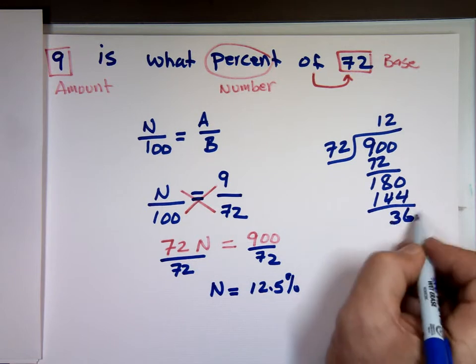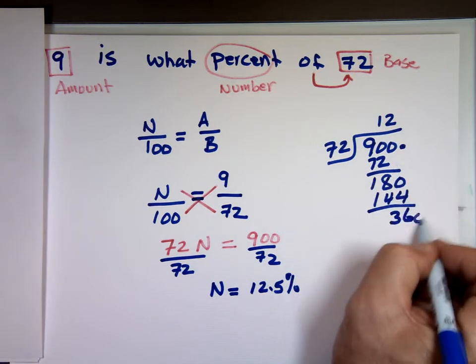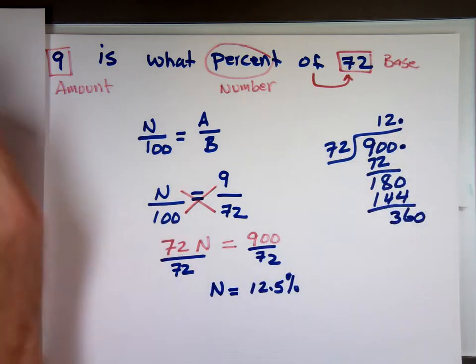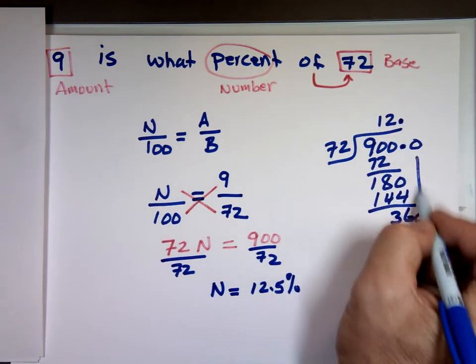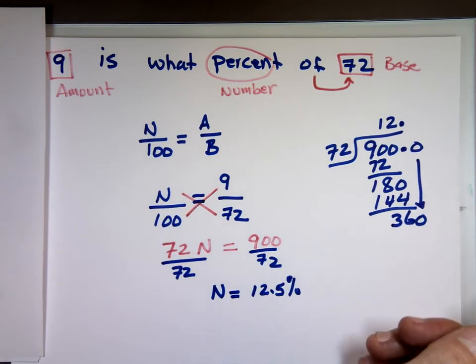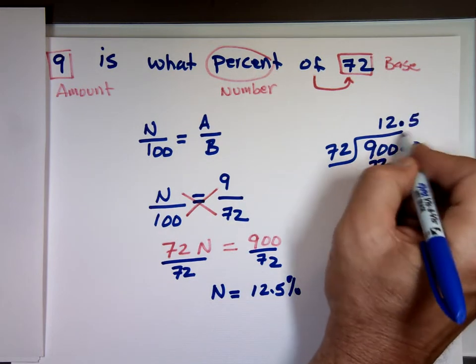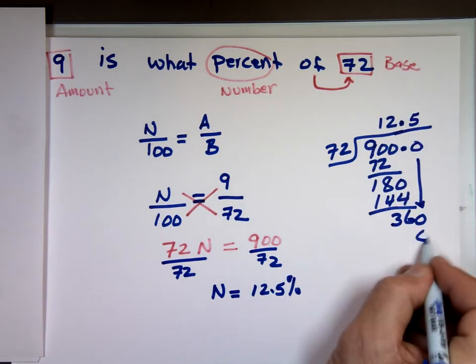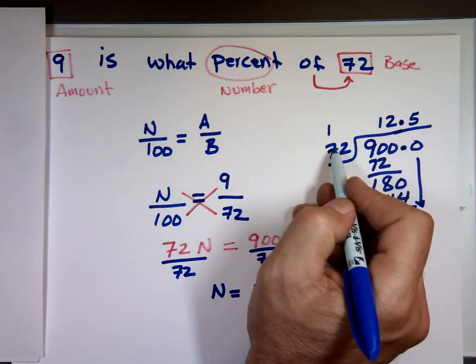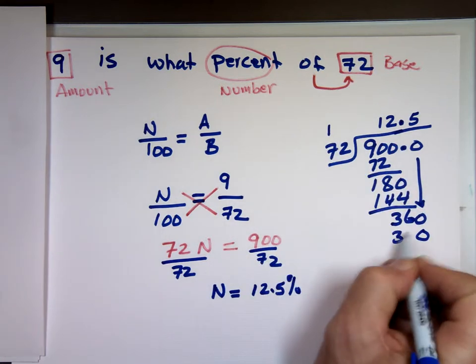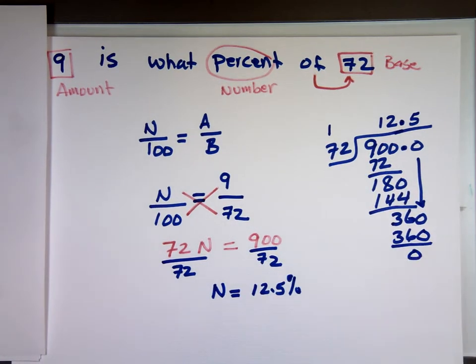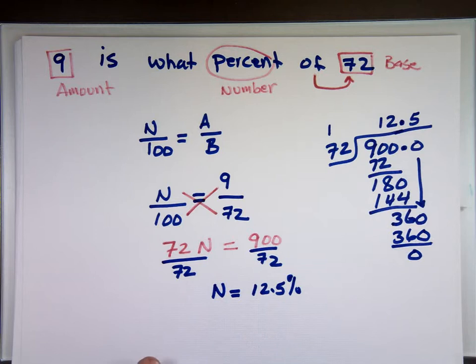And now, here's a decimal point. Bring that 0. 360 by 72 is 5. 5 times 2 is 10. 5 times 7 is 35 and 1, 36. 12.5%. This method is a lot more popular than the other method because of the conversion.